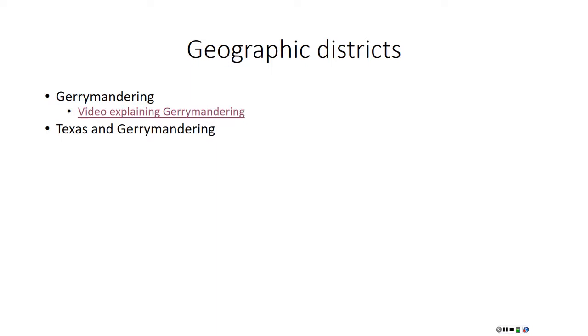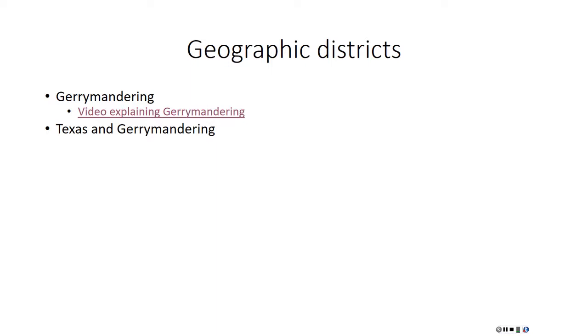It is used to draw state districts. So this is the information we're going to use to draw Texas districts, the House districts and the Senate districts. So we have a census in 2020. We get this information, so when the Texas Legislature convenes in 2021, one of the things they will have to do is redraw districts.